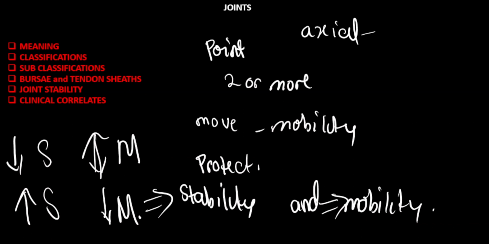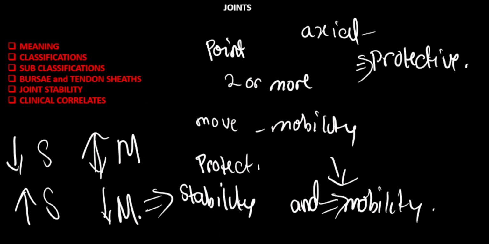This is why it's so stable, and the stability of the joints between the cranial bones is actually what helps in providing protective functions. When a joint is very stable and there's little or no mobility, it's more protective. However, when a joint is highly mobile, of course for locomotory functions like our limbs, as well as for manipulating functions, working with objects. Now let's take a look at the classification of joints.